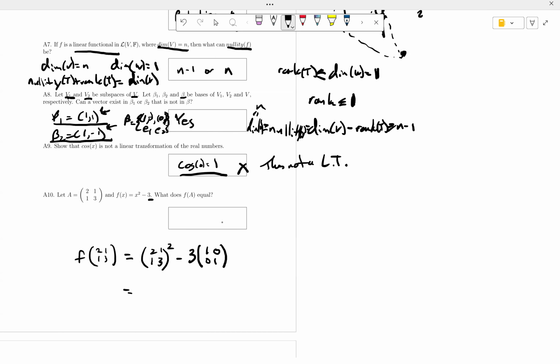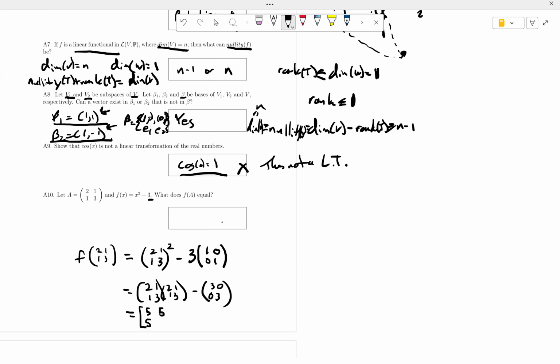Well, this equals [2, 1; 1, 3] times [2, 1; 1, 3] minus [3, 0; 0, 3]. Now 2 times 2 plus 1 times 1 is 5. 2 plus 3 is 5. 2 plus 3 is 5.